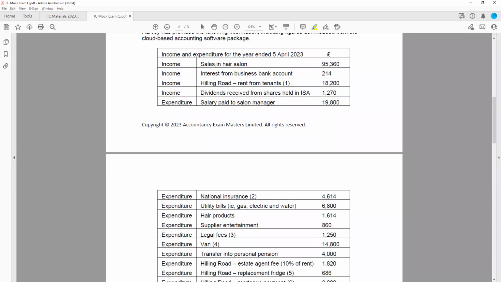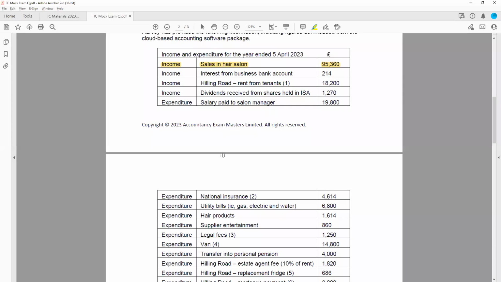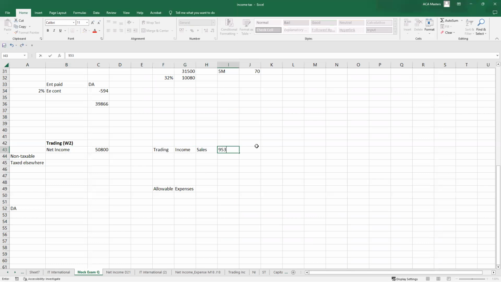So we've got income, so sales in a hair salon. So obviously that comes under trading income. It's a hair salon. That's obviously the revenue there. So if we're calculating the trading income, then of course you just have the income which is from sales, basically revenue. So you've got 95360.